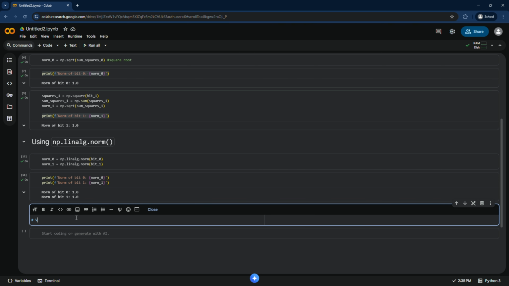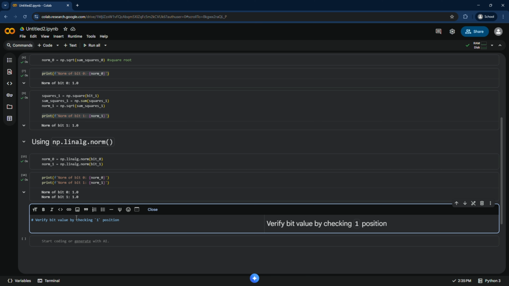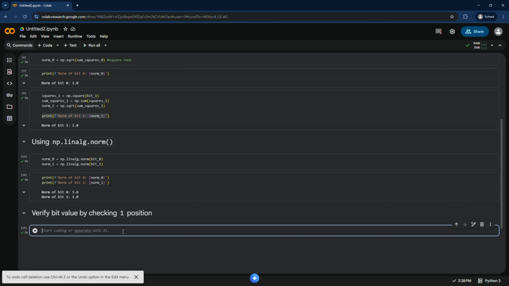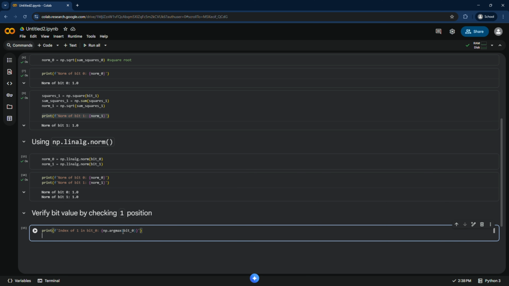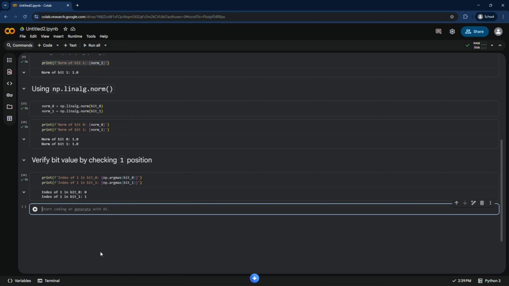You can also verify the bit value by checking the position of the 1. This confirms that for bit 0, the 1 is in index 0, and for bit 1, the 1 is in index 1.